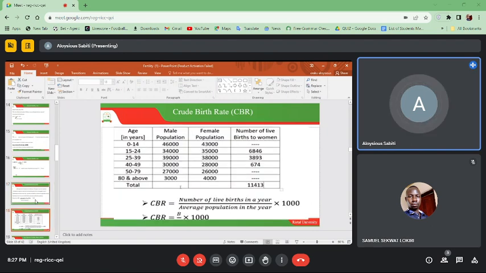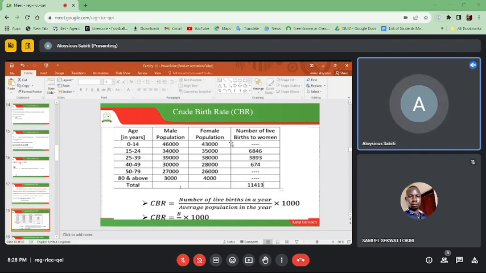In that example you can see the ages 0 to 14, 15 to 24, 25 to 39, 40 to 49, 50 to 79, and 80 and above, with the male population and the female population. However, from age 0 to 15, there are no live births to women.